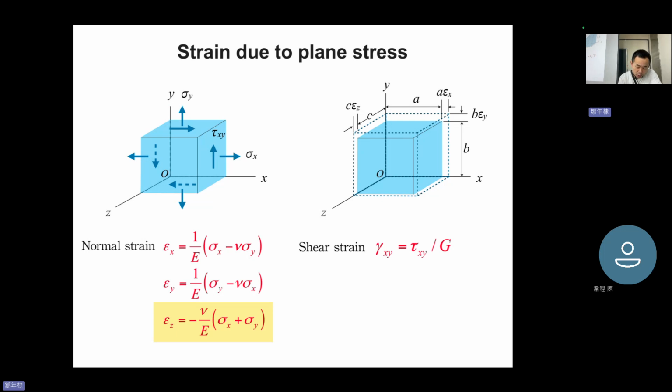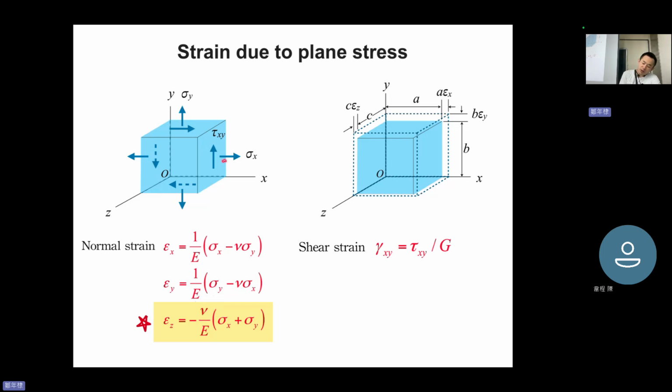Then I would like you to focus on this. Although there's no stress along the z component, it doesn't necessarily mean that there's no epsilon z. Even if you don't have anything along the z direction, you still have epsilon z because of the Poisson ratio.